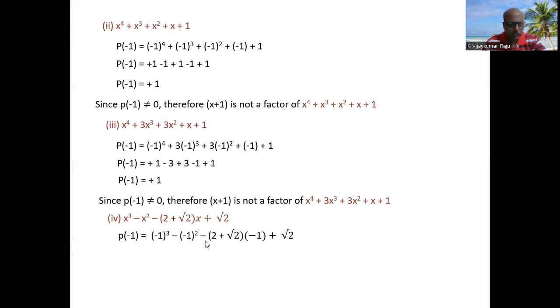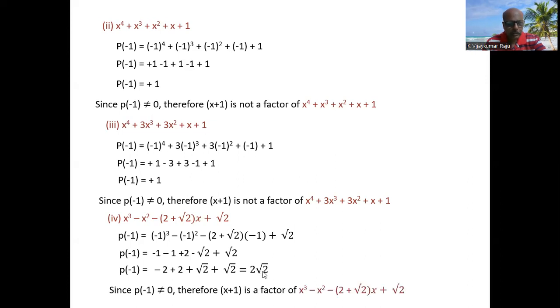This will be minus 2 plus 2 plus root 2 plus root 2. Root 2 plus root 2 is 2 root 2. Clear? Next. Therefore, x plus 1 is not a factor.